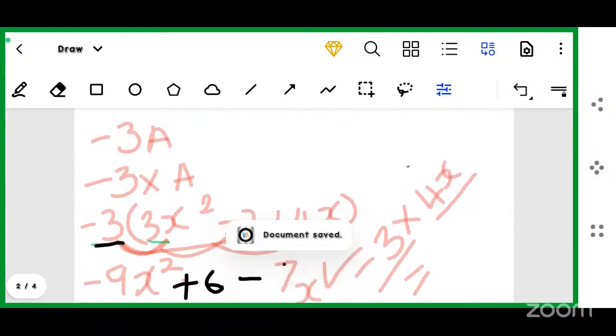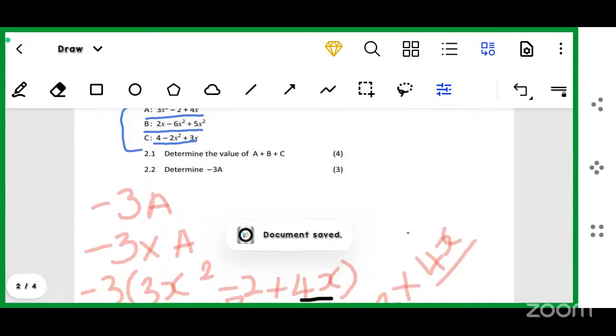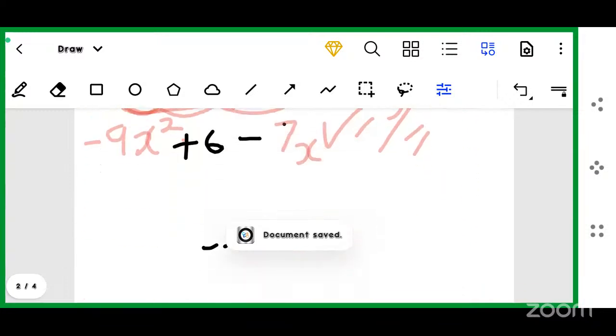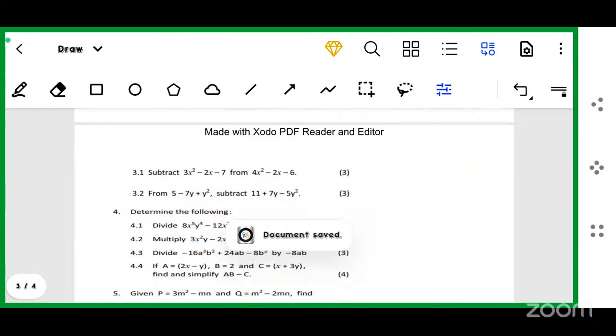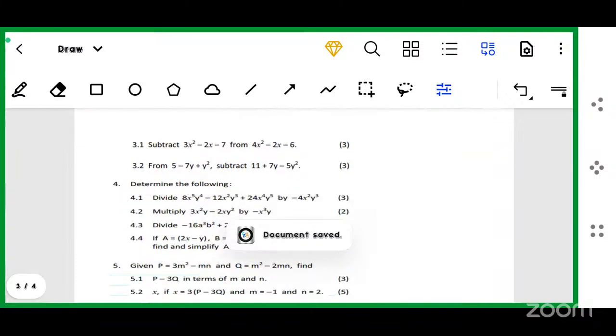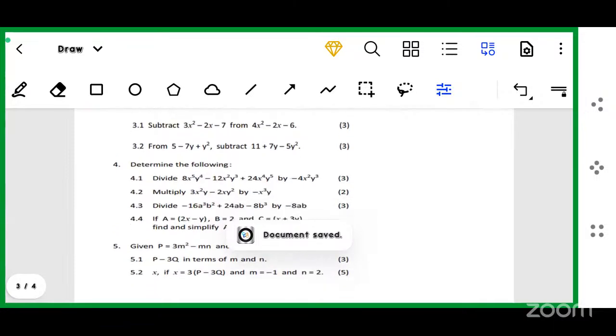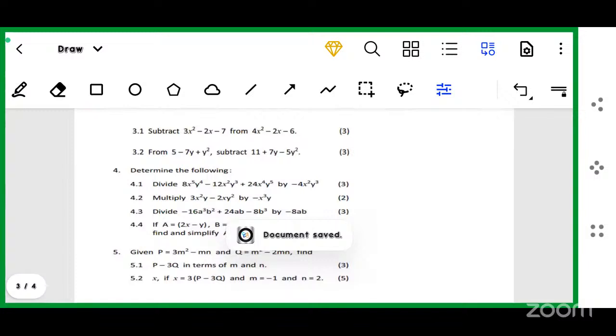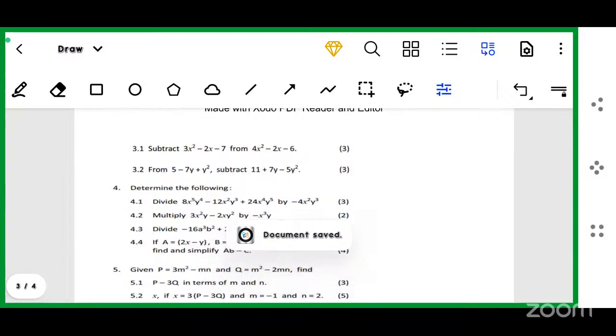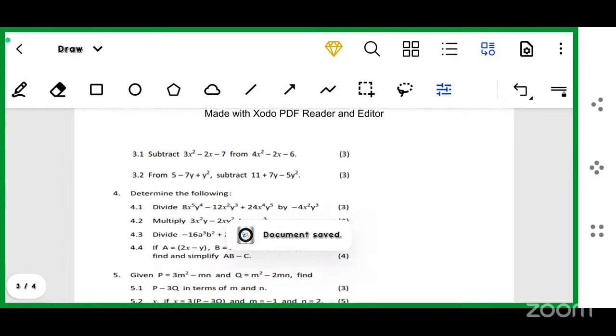Yes, ma'am. Okay, so I think I'll also give you a homework with that one. So let's do 3, and I think our time is up. So let me just do 3 with you. So 3 says subtract 3x squared minus 2x minus 7 from 4x squared minus 2x minus 6.